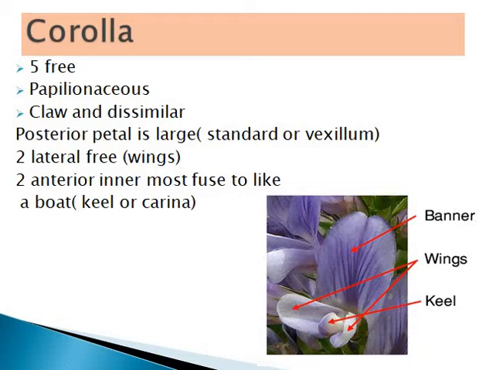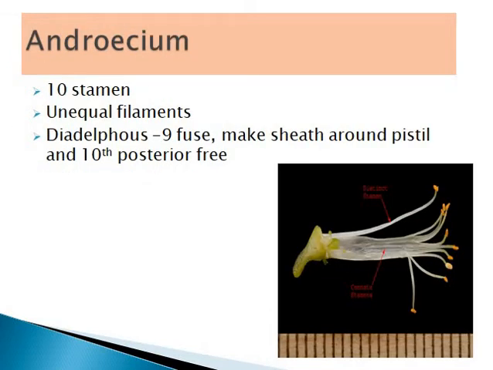Regarding the second whorl, come to the third part of the flower, known as the androecium, the collection of stamens. If you see, there are 10 stamens, which are unequal in filament. They are known as diadelphous. It means 9 stamens have their filaments fused with one another, and the 10th one, posterior, is free.